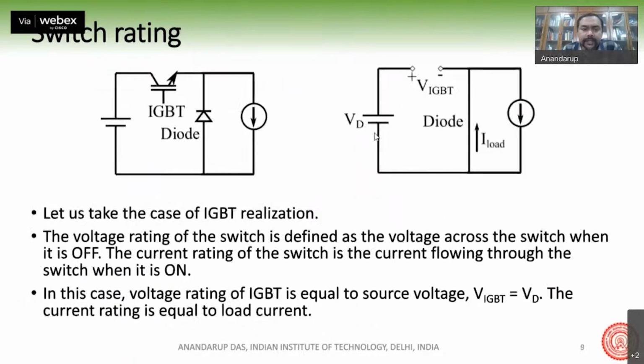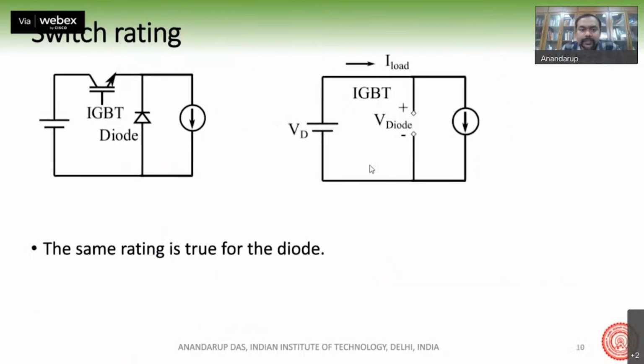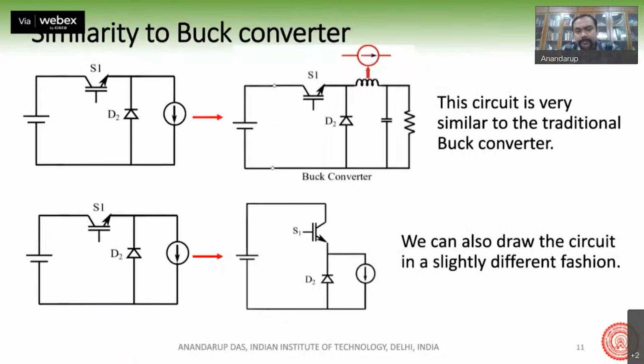And then we find what is the rating of those switches, what is the voltage rating, current rating. This can be understood by seeing the blocking voltage that the device has to withstand or block, and the current that is flowing through the devices. So we can find out the ratings of both IGBT and diodes.